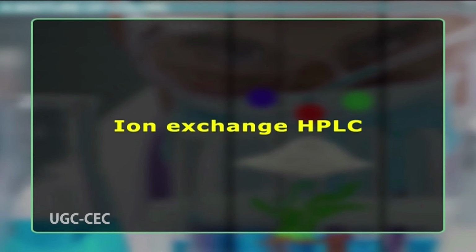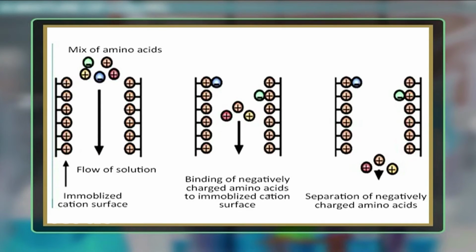The next one is ion exchange HPLC. The stationary phase has an ionically charged surface of opposite charge to the sample ions. This technique is used almost exclusively with ionic or ionizable samples. The stronger the charge on the sample, the stronger it will be attracted to the ionic surface and thus the longer it will take to elute.